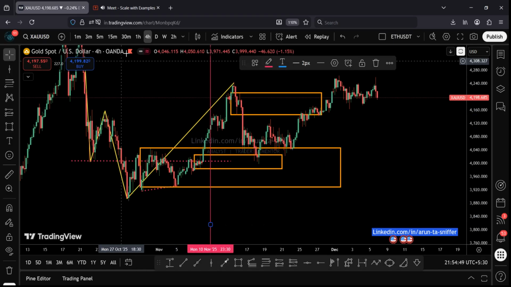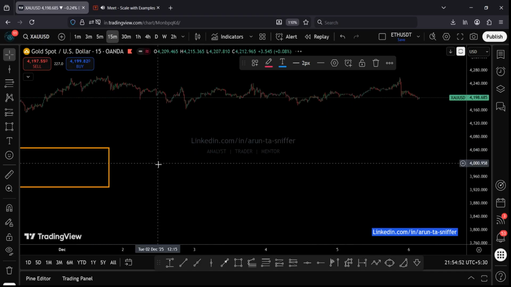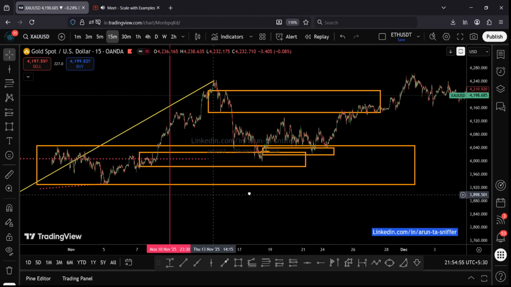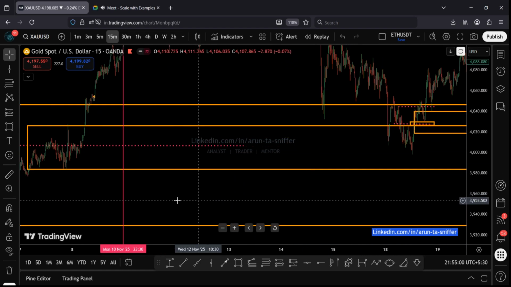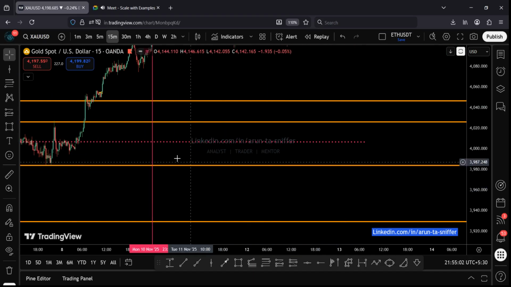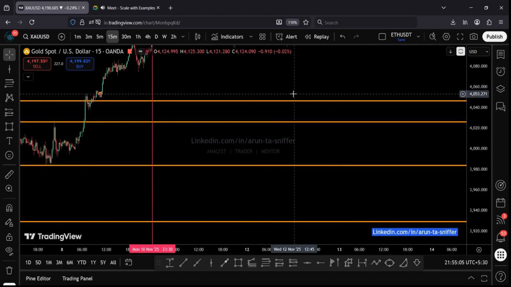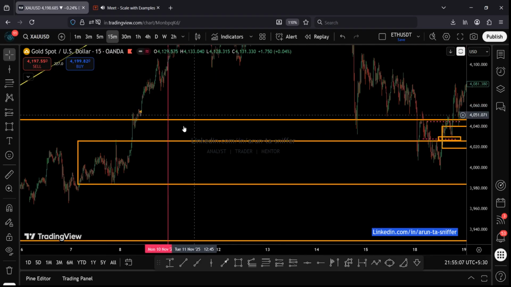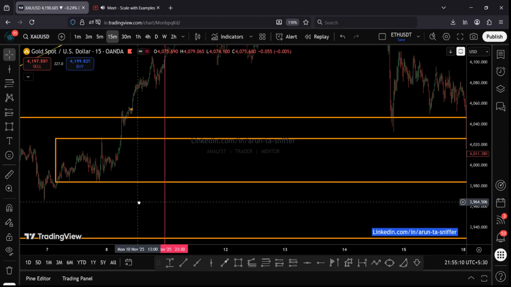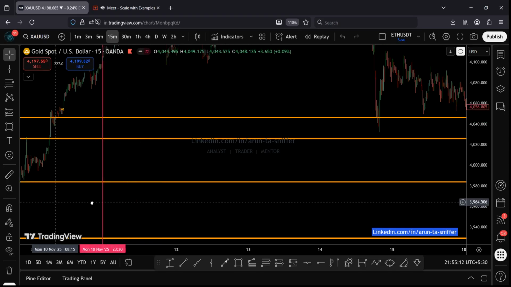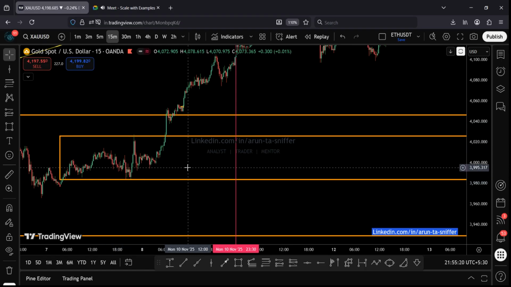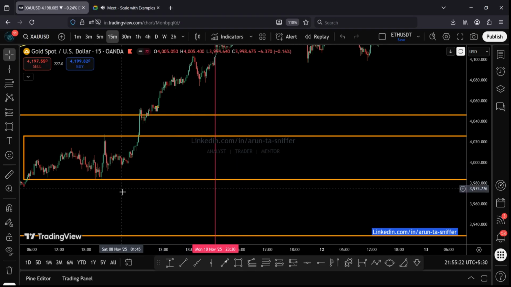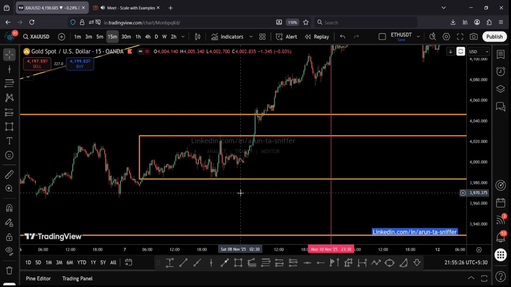So let's go to the lower time frame. Let's go to 15 minutes. If we go to 15 minutes, what will happen? What can we do? On 15 minutes, look at this. Price goes up, came down, goes up, came down, and what type of structure is this?